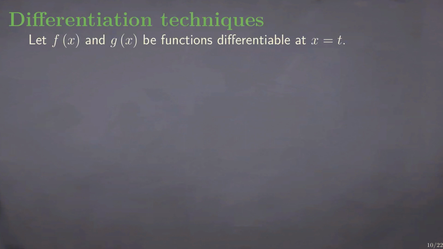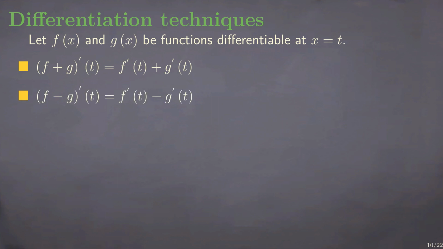Okay, so we are now ready to list some of the differentiation techniques. Let f(x) and g(x) be functions differentiable at x equal t. Okay, so we see that the derivative of f plus g evaluated at t is actually the sum of the derivative of f and the derivative of g, both evaluated at t.